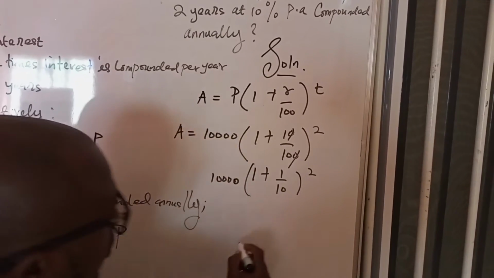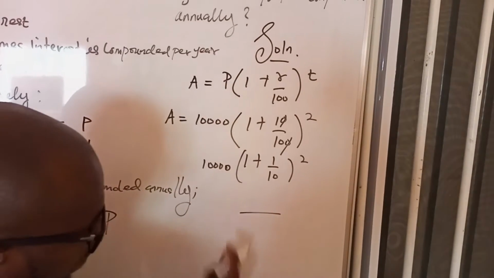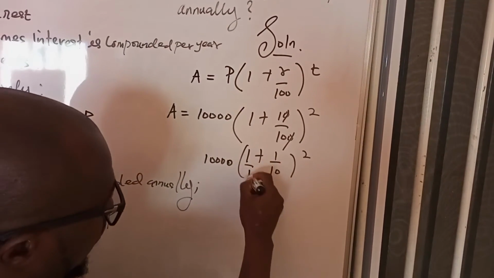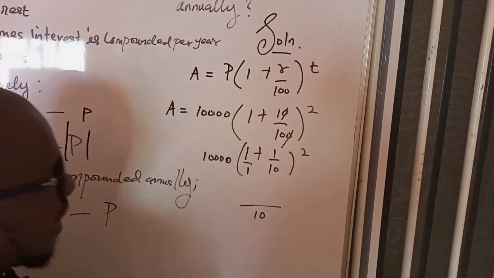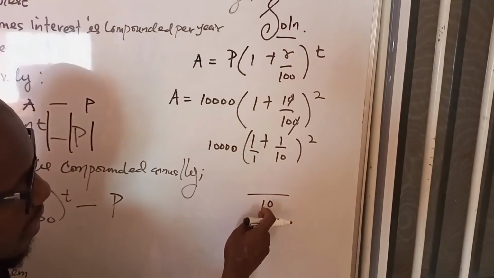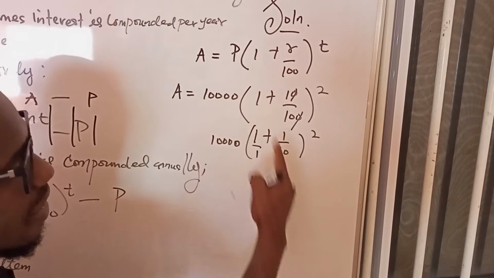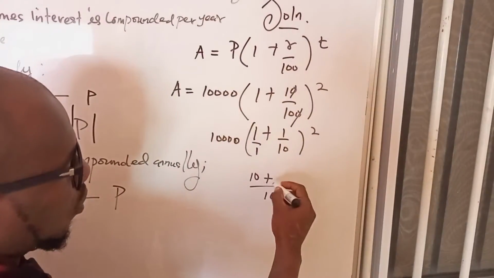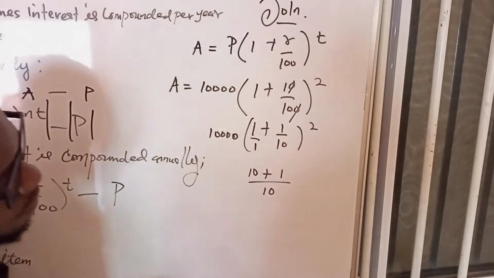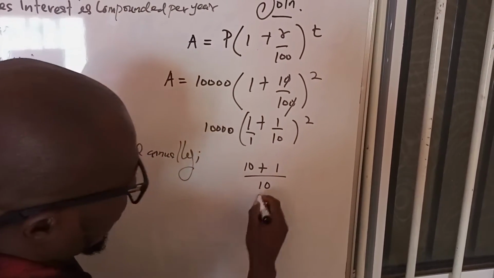I make this a fraction and get the LCM. 1 in 10 is 10, 10 times 1 is 10, plus 10 in 10 is 1, 1 times 1 is 1. And so we have 11 over 10.